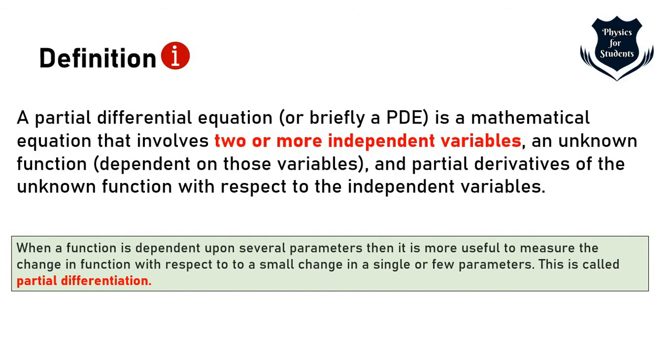Now, when a function is dependent upon several parameters, that means it depends on definitely two or more. So anything which is dependent on two or more is where we use partial differential equation. You might be wondering why we use the word partial instead of complete or full differential equation. We will come to that and we will explain to you.